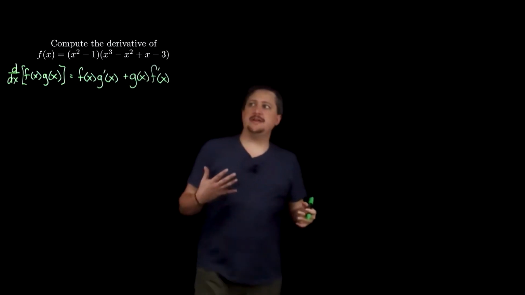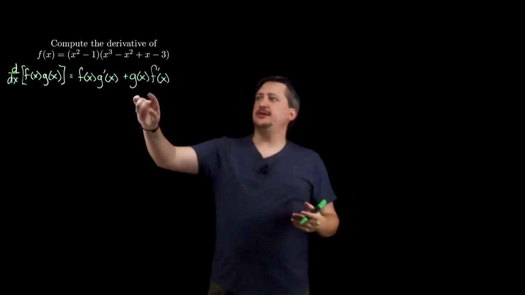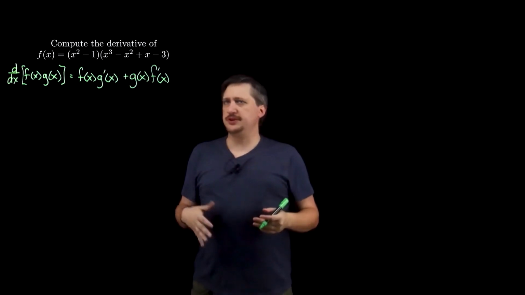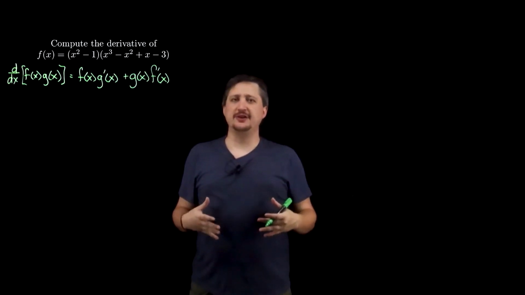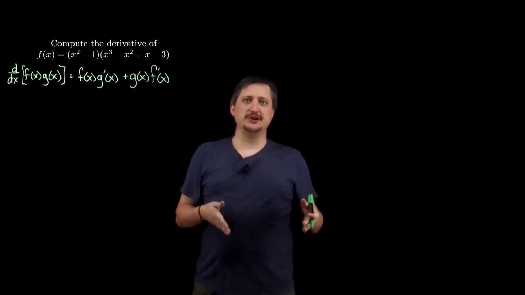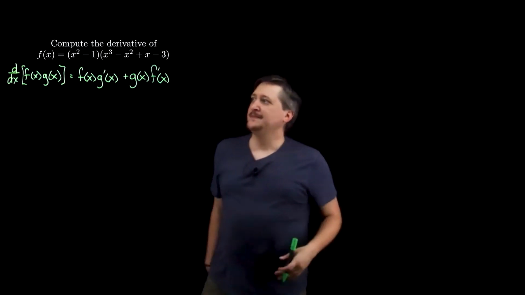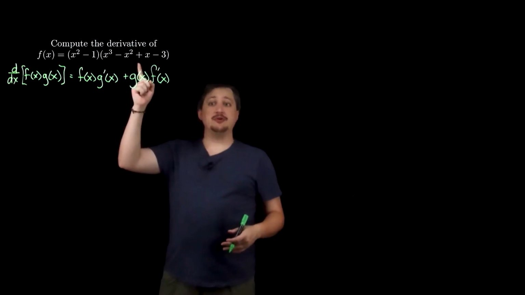But the nice thing is that this is multiplication and addition, so it doesn't matter which order you do this in because they're all commutative. It's one of them times the derivative of the other plus, and then switch, the other times the derivative of the one. So I'm going to do that here.